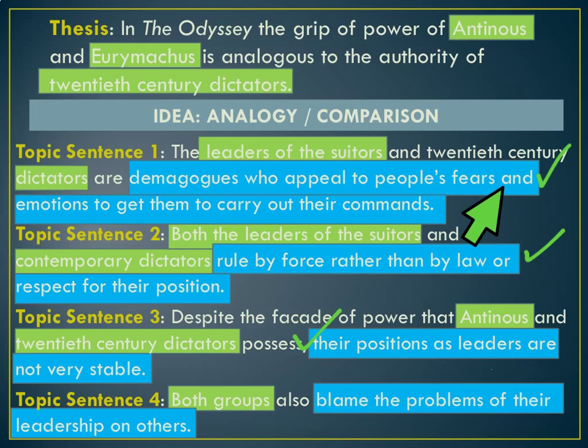And then the fourth similarity is that they blame their problems of their leadership on others. And so they've chosen that first option of organizing according to specific similarities. And then what you also see them doing is they're constantly using language in each topic sentence to connect us back to language in the thesis statement. So these are really effective topic sentences for these reasons.